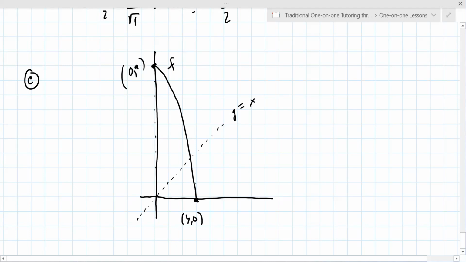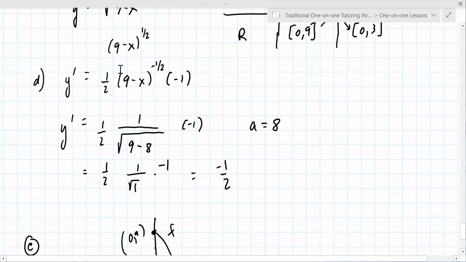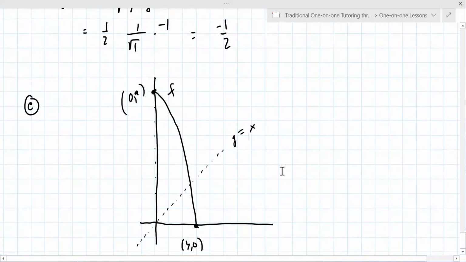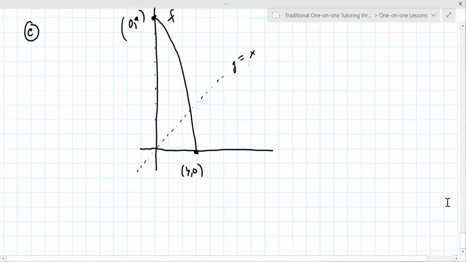And the reason I'm doing it this way is because it's easier than trying to remember what a square root looks like, or cube root, or whatever it ends up being. It's literally a mirror. So every point is reflected, and we've got our inverse function here, square root 9 minus x.